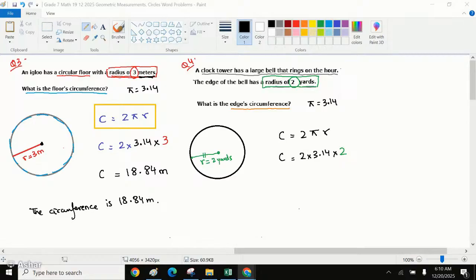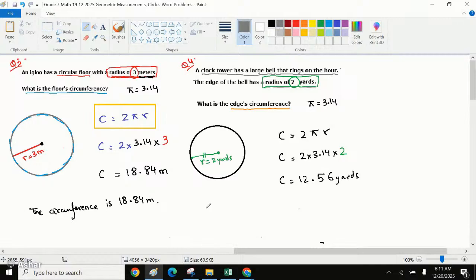That is basically 2 multiplied by 2 is 4, and 4 multiplied by 3.14 comes out to be 12.56, right? The circumference comes out to be 12.56 yards because the unit is yards.